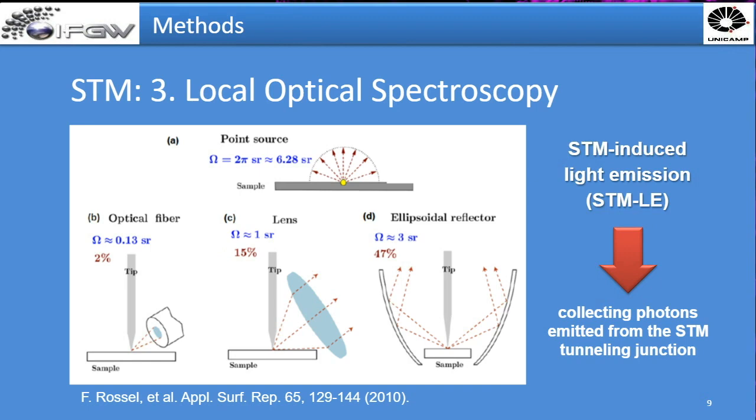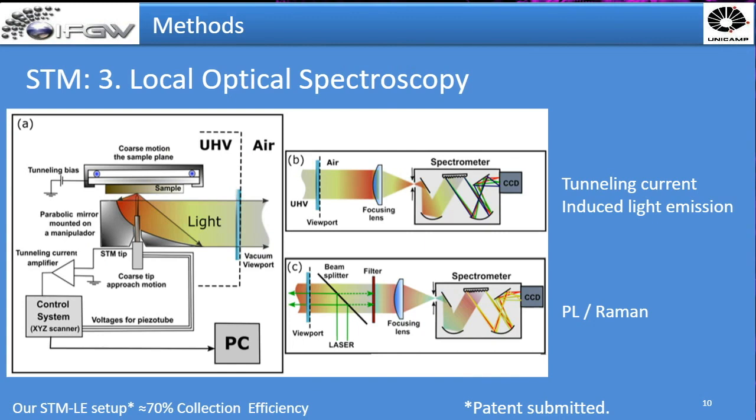And the thing that we have developed and applied very successfully is an off-axis parabolic mirror, so you can see it here. And it's off-axis because the light goes to the side, so it goes parallel to the plane of the sample and not axial with the tip.